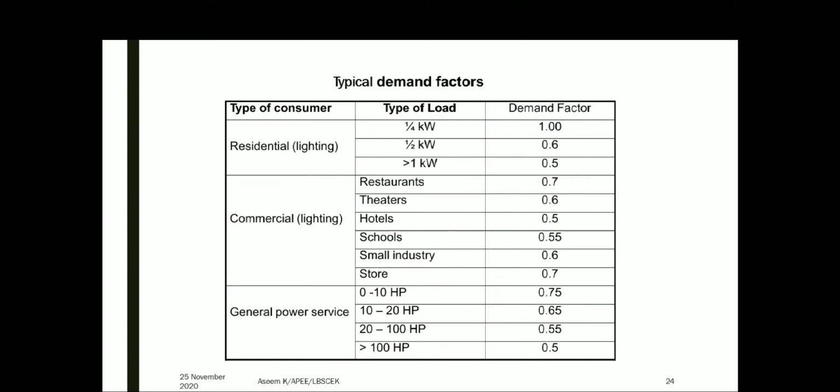These are some of the typical demand factors of residential, commercial, and general power services. Typical values of demand factors.